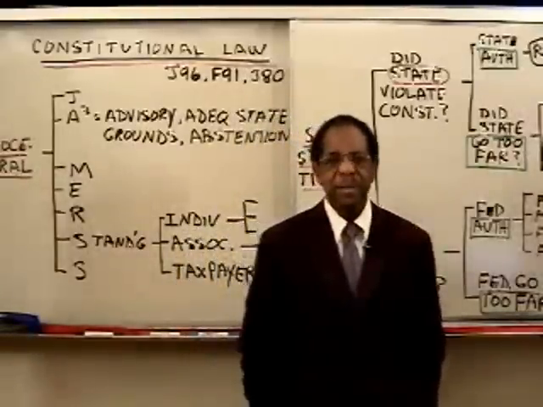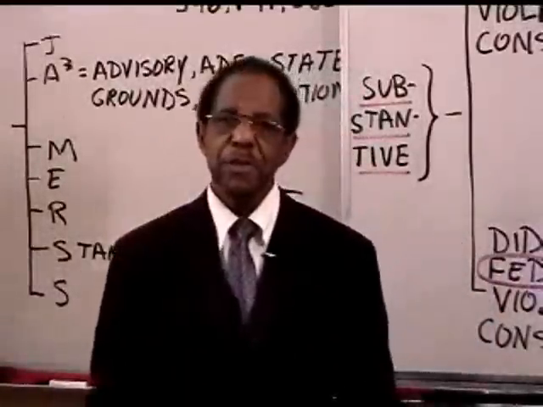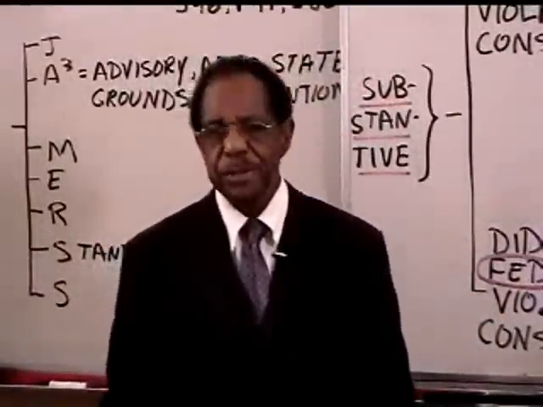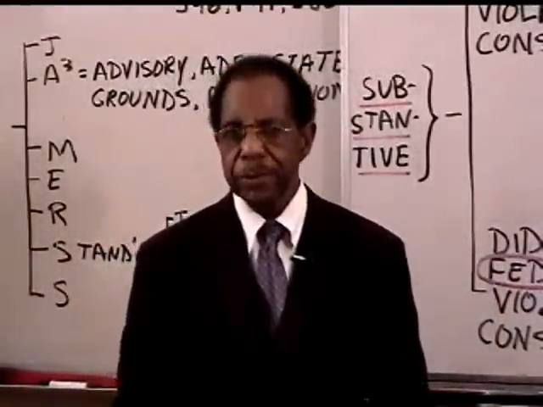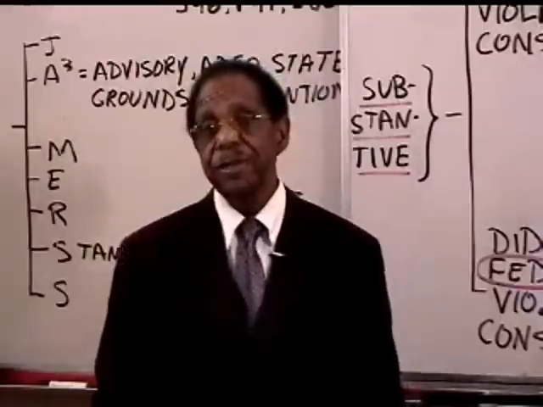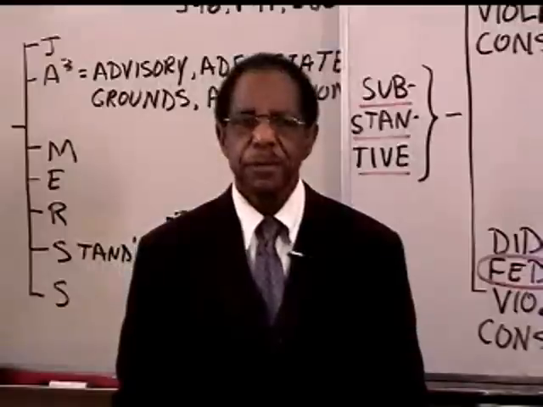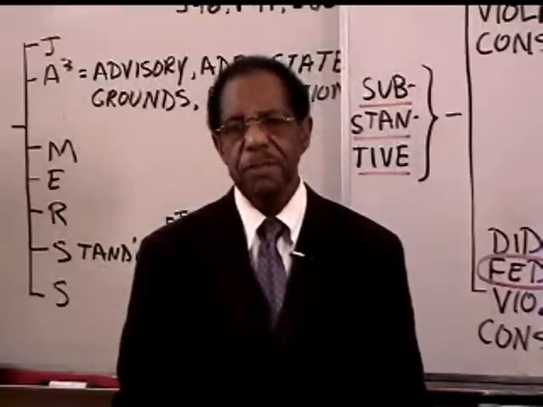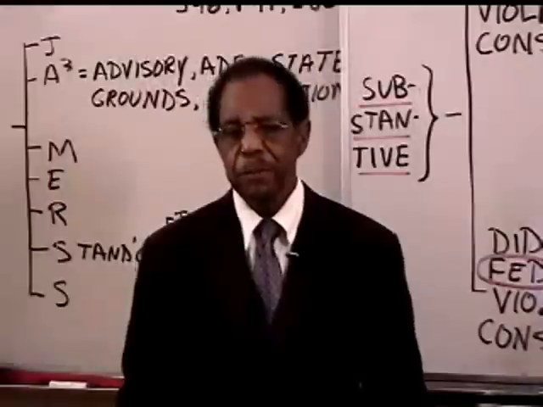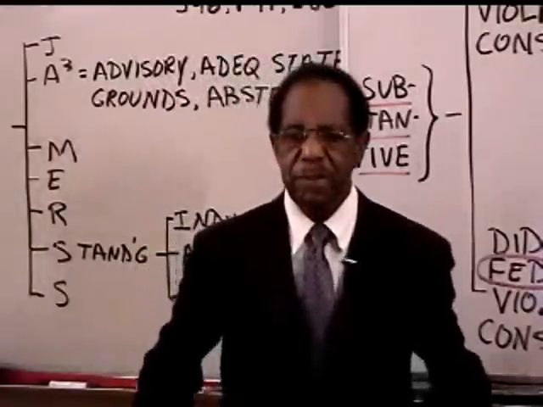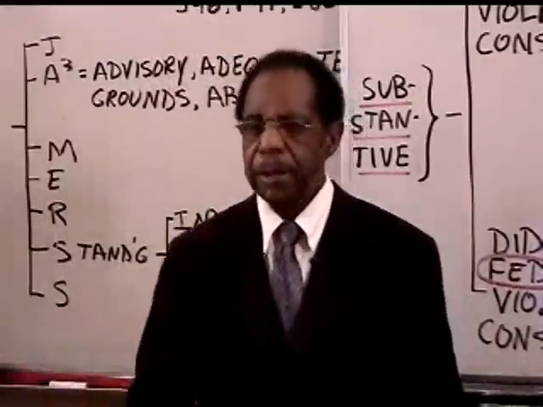The 11th Amendment prohibits an individual from suing a state in federal court. The states can sue each other in federal courts, but an individual cannot sue his own state or some other state in federal court, and the 11th Amendment says just don't do it.